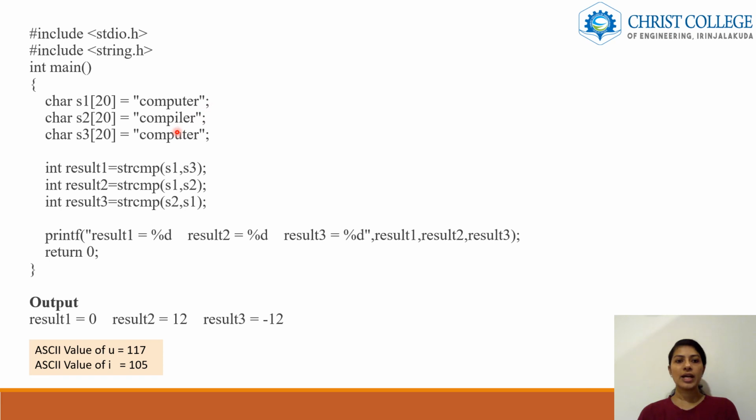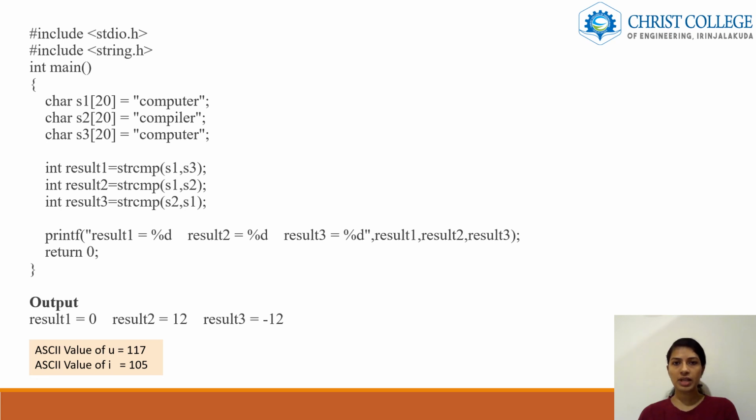So here the ASCII value of I minus ASCII value of U, that is 105 minus 117, and the result will be minus 12. So here result 3 is equal to minus 12. That is how the strcmp function will compare two strings and returns integer values. This is the working of strcmp function.